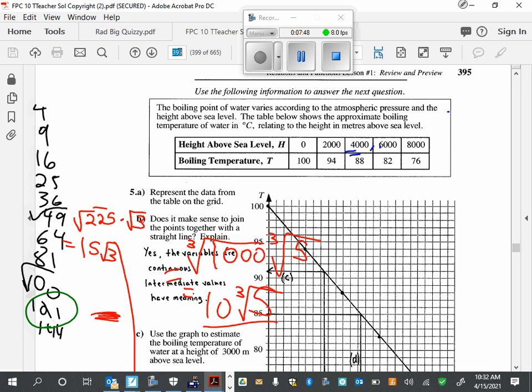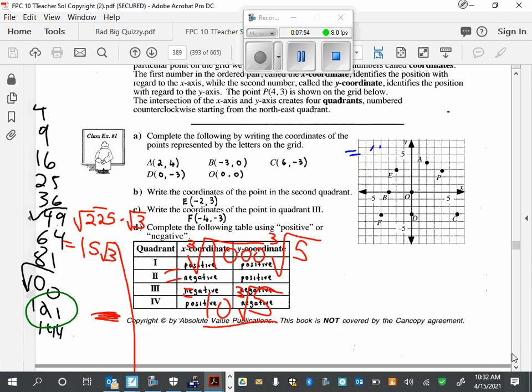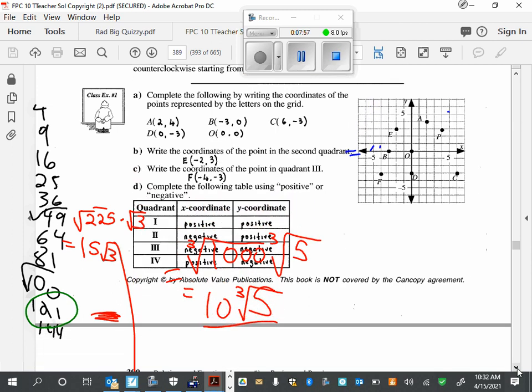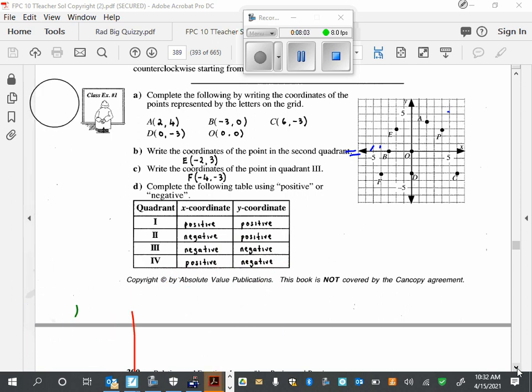All right, correct the window. With these guys. Now you know that if something is on the X or Y axis, it's not part of a plane.